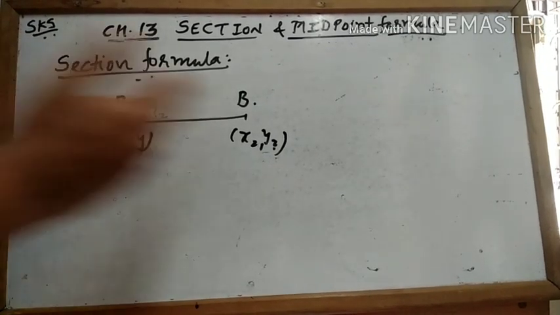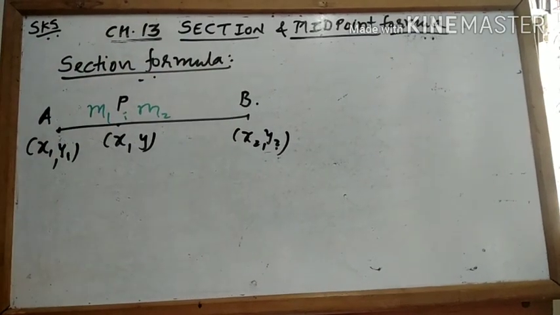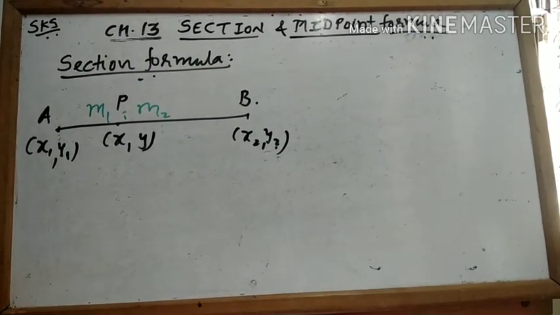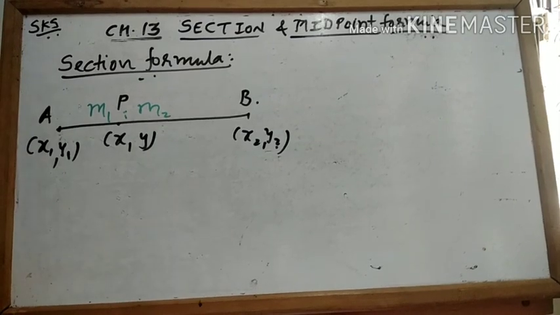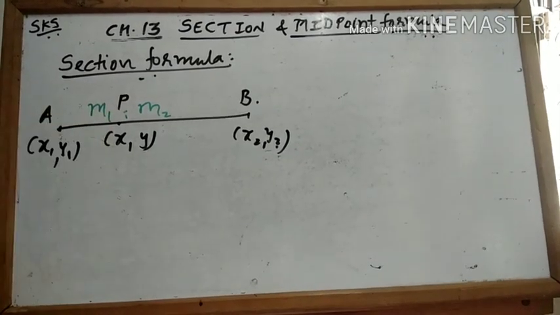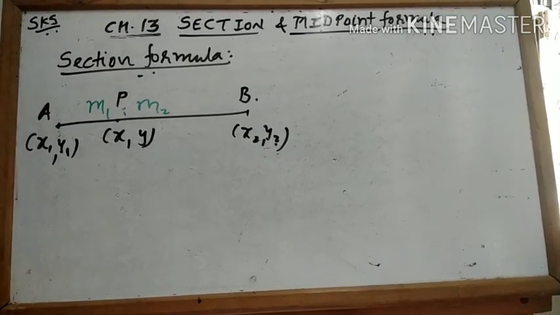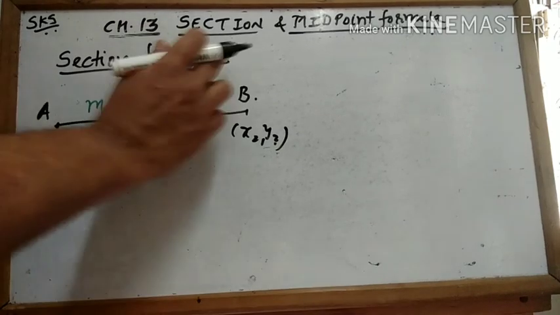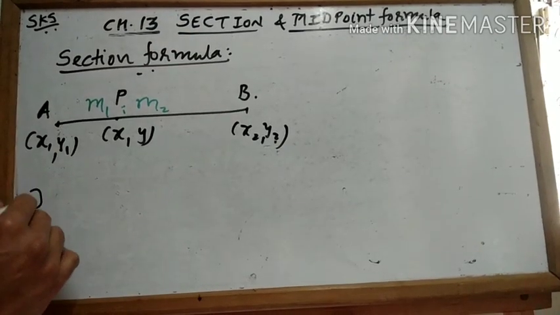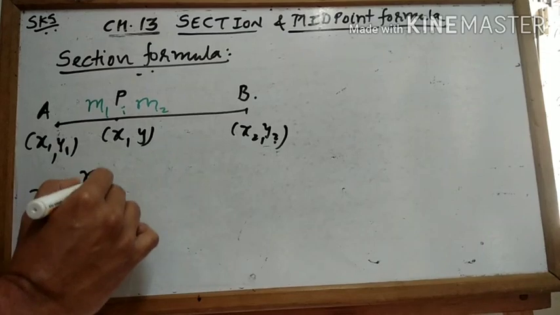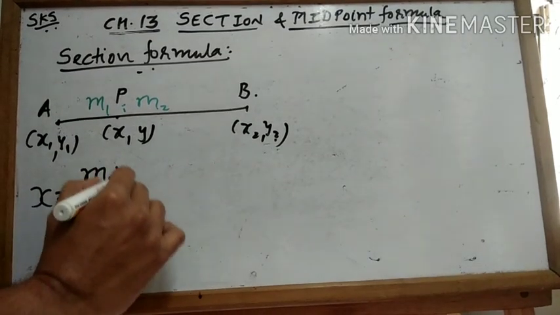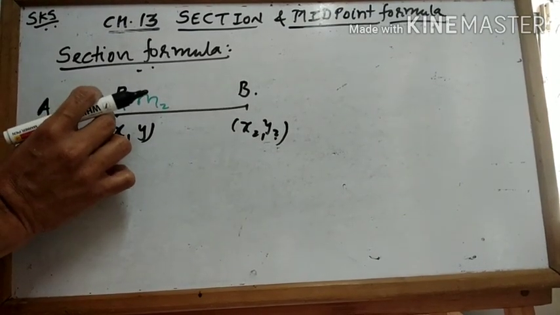Point P divides segment AB in the ratio M1:M2. In such a case, if I want to find the value of X, or the value of Y, how can I find it? That is given by the section formula. Here X will be equal to M1 into this part.